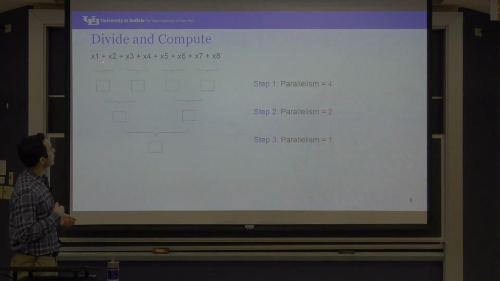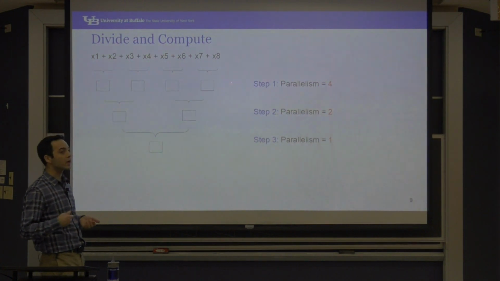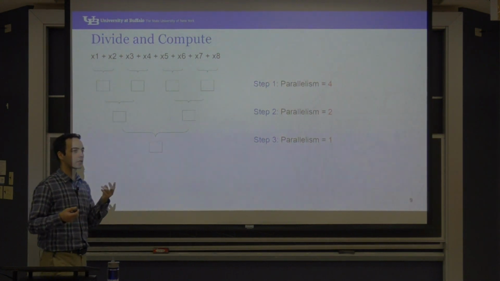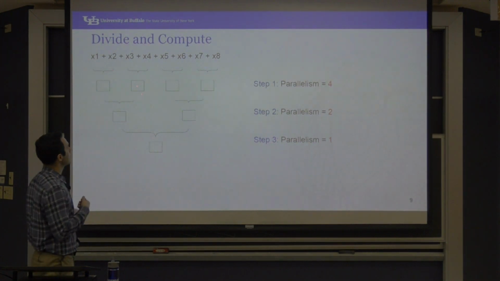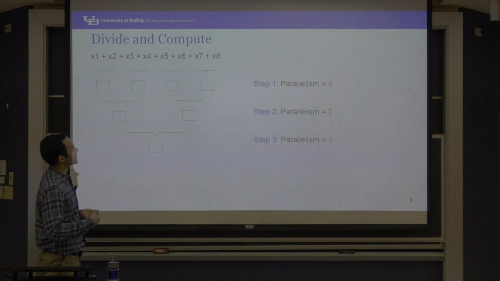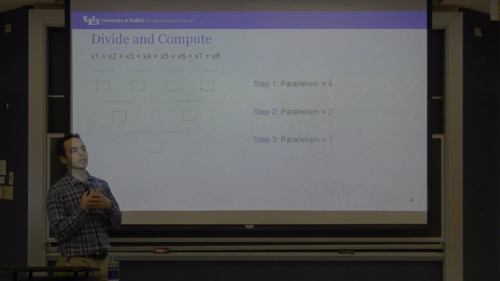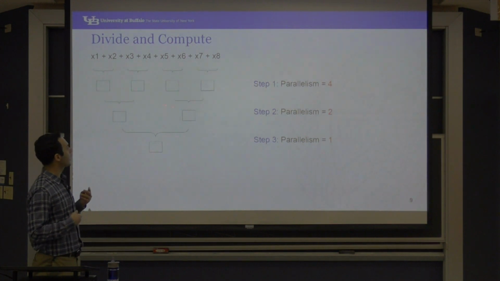How? Instead of running one at a time, with a parallelism of 4 in the first step, because we have 8 variables, we can add 2 of them at a time. So basically we can have 4 additions at the first step. Then on the second step, we have 4 values to add up, and we can add 2 of them at a time, so we have a parallelism level of 2. At the last step we only add these two.